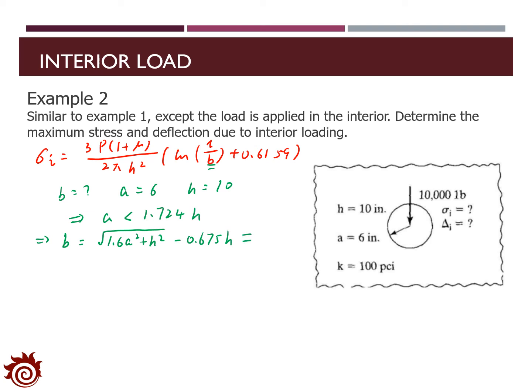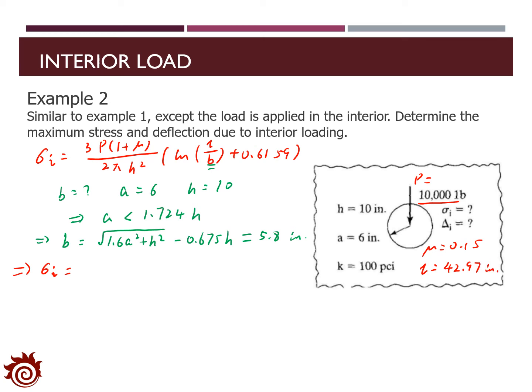And then we can find out the value of b as 5.8 inches. Then we can estimate the value of sigma i by getting the value of P equal to 10,000, mu equal to 0.15, and L equal to 42.97 inches.